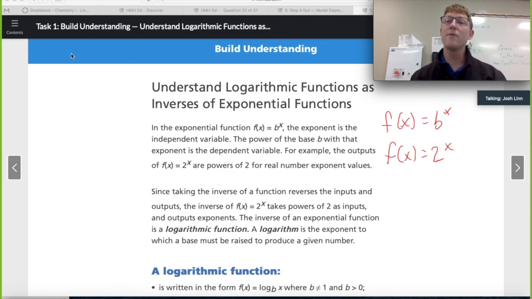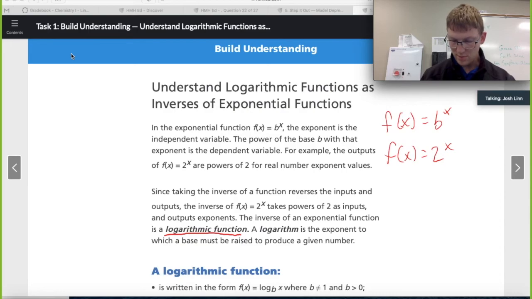An inverse of that would be anything that undoes the function that we use. So if we raise 2 to the x power, what would undo that x power? The inverse function would be a logarithmic function. So the inverse of an exponential function is a logarithmic function.